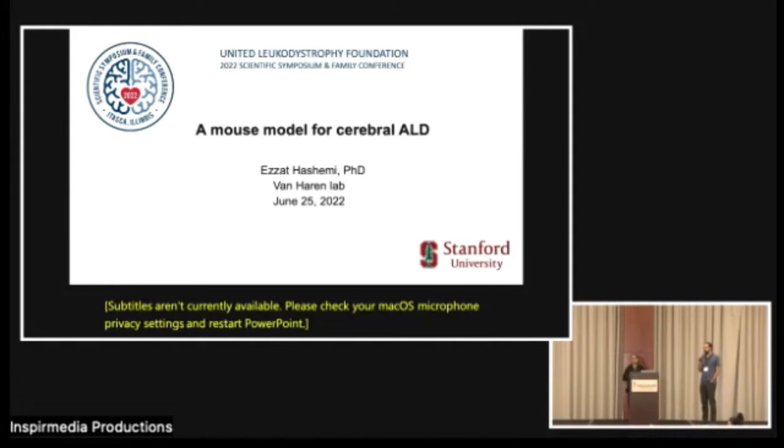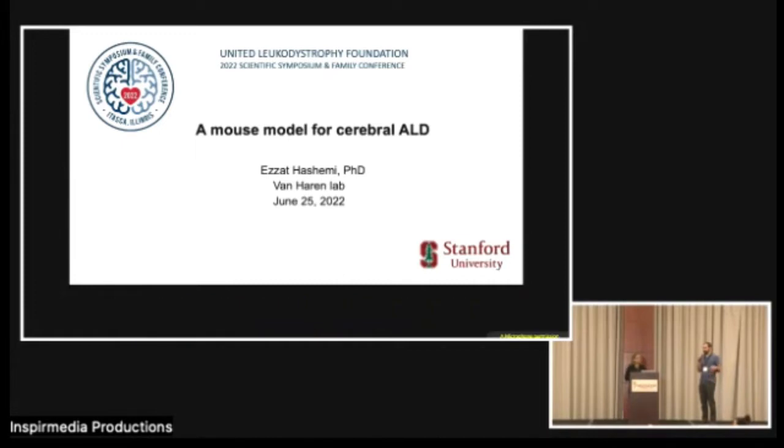Around the same time, Dr. Hashemi, who was in a neighboring lab, had a space in her postdoc to come work in our lab. She had been working on some inflammatory mouse models for MS, and she brought her knowledge to our lab, and she had some really key insights that made this work for our model.